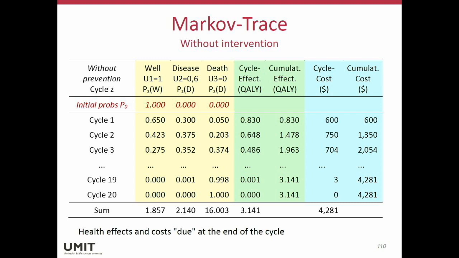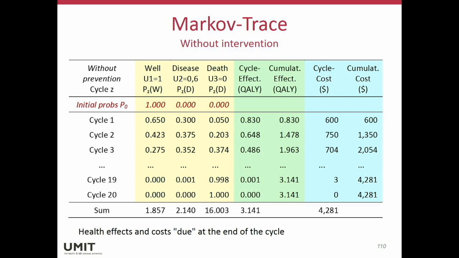Then we describe the distribution of the initial population. We start with the population in our modeling exercise that are all well. Therefore, you have this 1, 0, 0 as the initial probability.